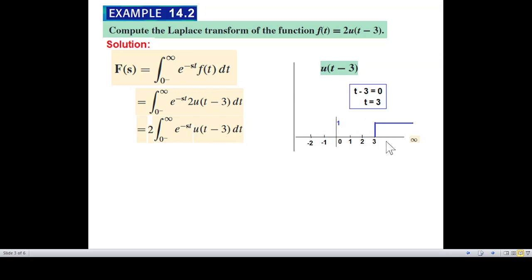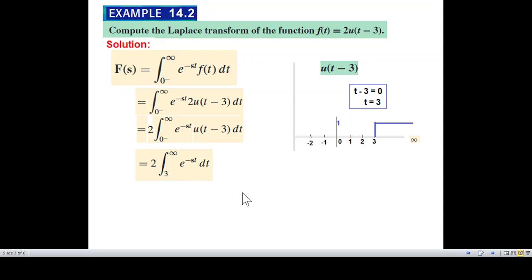Now from here you can see that the function is not starting even from 0, it is actually starting from 3. So we'll put this limit to be 3, and u(t - 3) will be equal to 1. So with the limit starting from 3, this is 1, so 1 multiplied by e^(-st) dt.